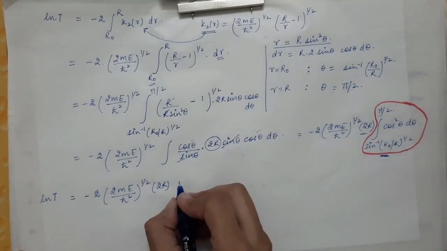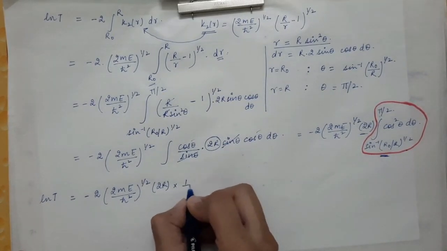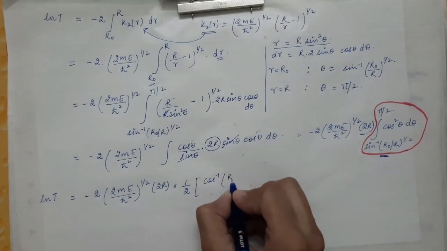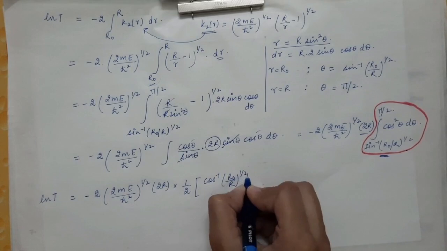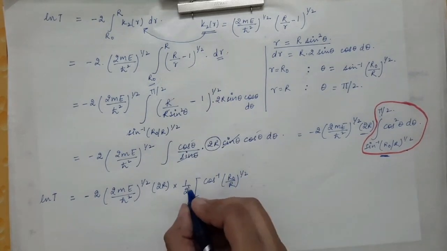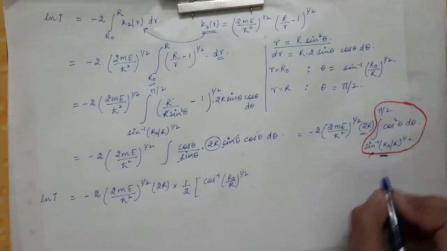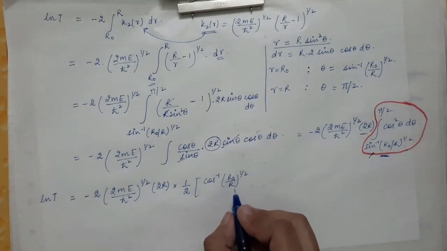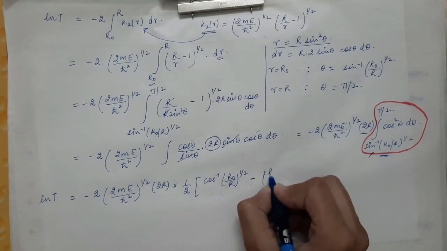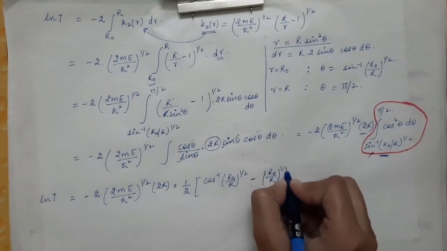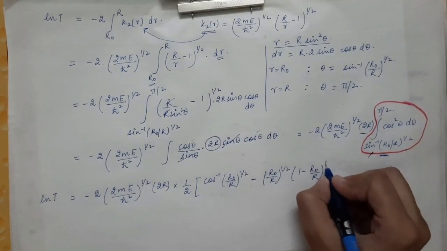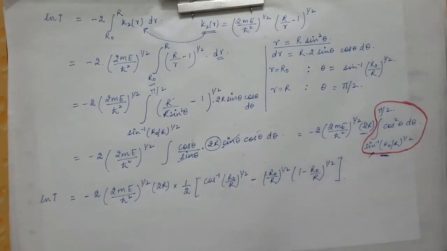So what is this integral? It is equal to 1 by 2 into cos inverse of r naught divided by r. You can refer to the previous equation that we had written on the last page. So this integral is equal to 1 by 2 of cos inverse of r naught by r power 1 by 2 minus r naught by r power 1 by 2 into 1 minus r naught by r whole power 1 by 2.